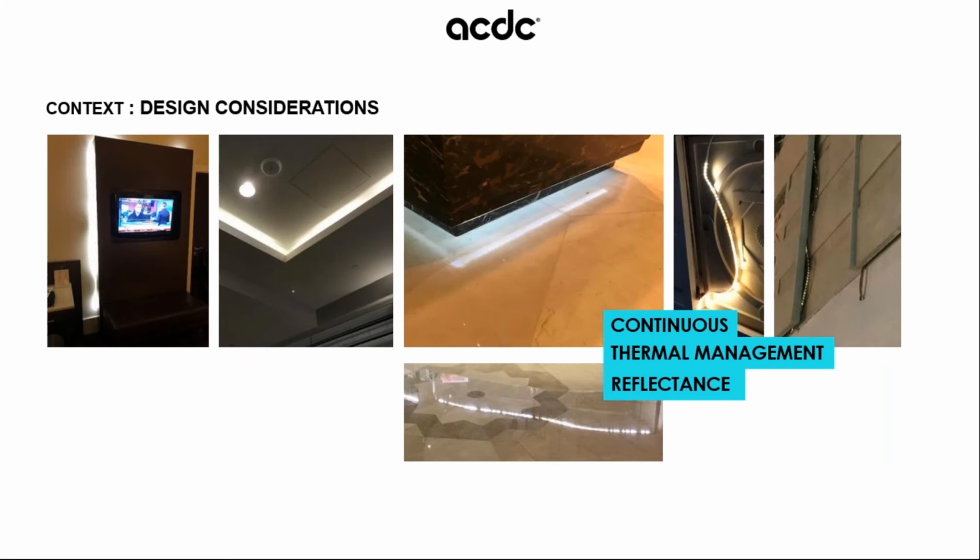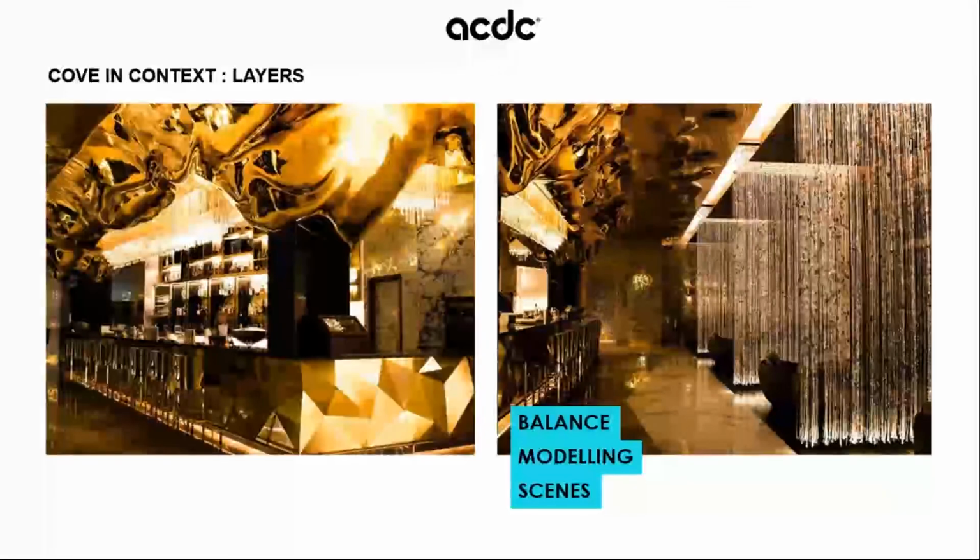So when we start to think about a cove in context, a cove is one of a number of layers of light that we can use within a scheme, okay? And it's about how we create that balance. And we're modeling that space. We're creating scenes of light, daytime into nighttime scenes. And the cove is one of them.